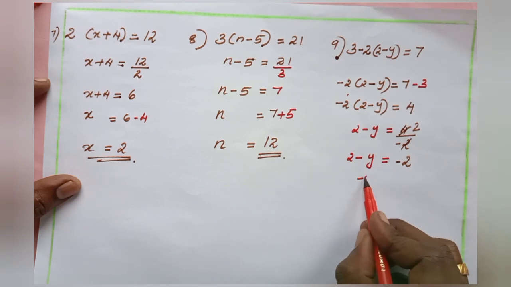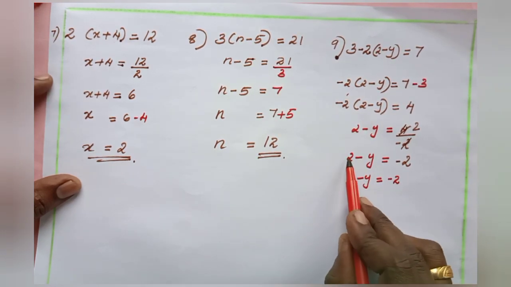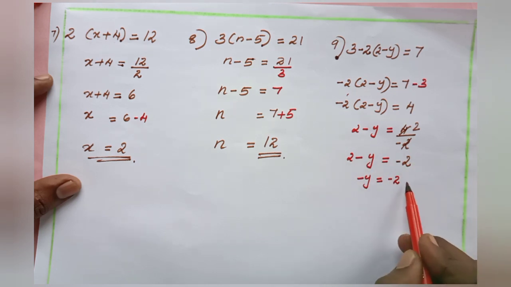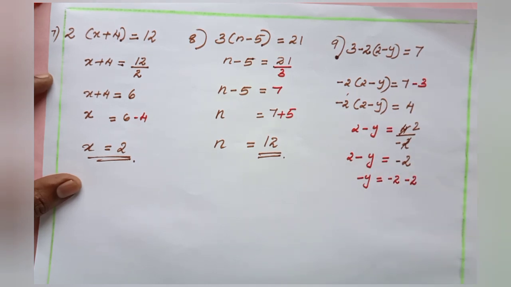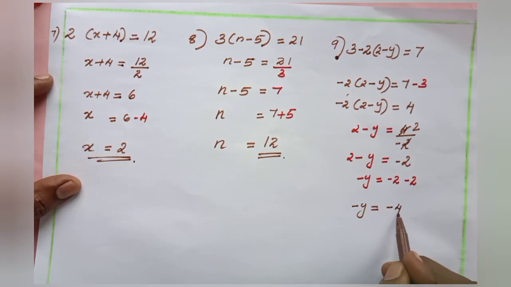So 2 minus y equal to negative 2. Take this positive 2 to the right side, and it becomes negative 2. So we get negative y equal to negative 4.